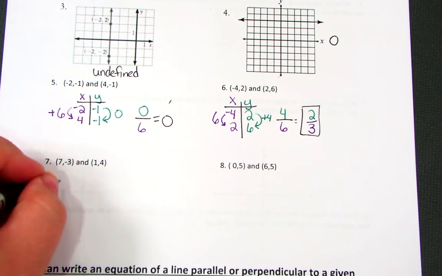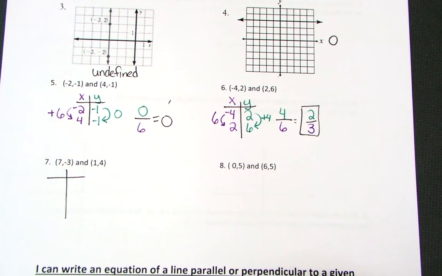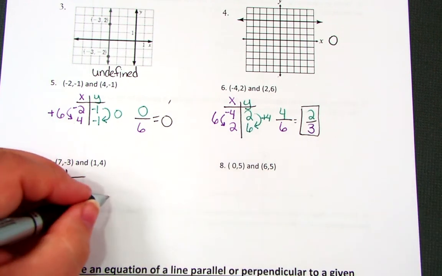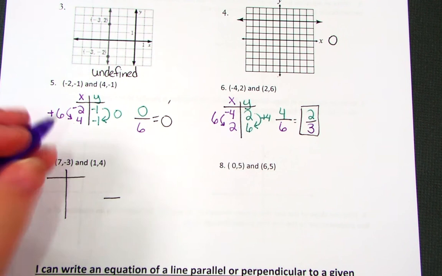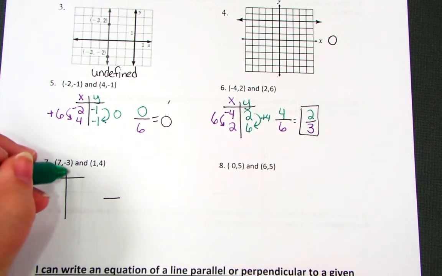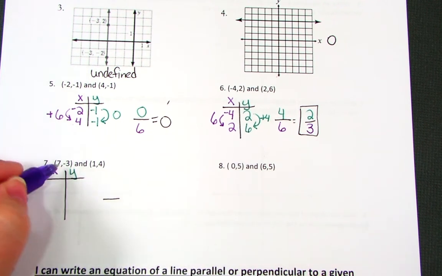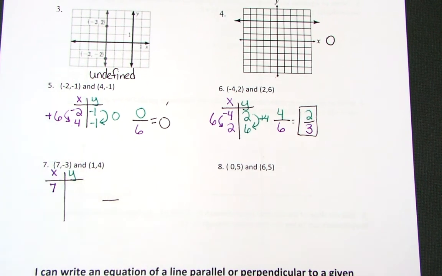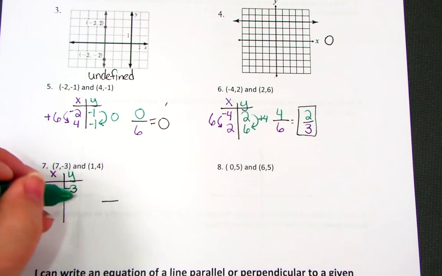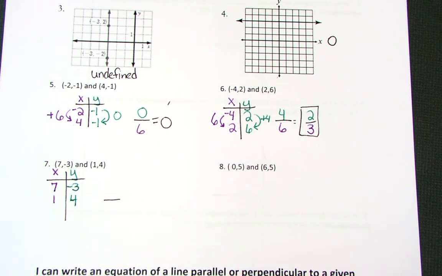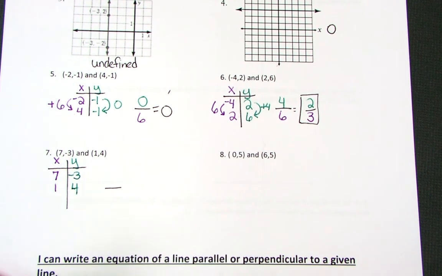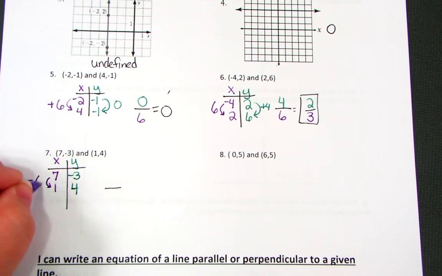Let's do it again. So I have my T-chart. I know I'm going to get a fraction. X's and Y's. X is 7. Y is -3. X is 1. Y is 4. How do I get from 7 to 1? I go down 6. How do I get from -3 to 4?